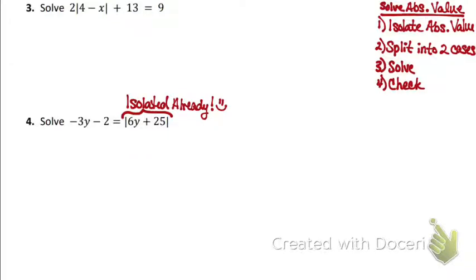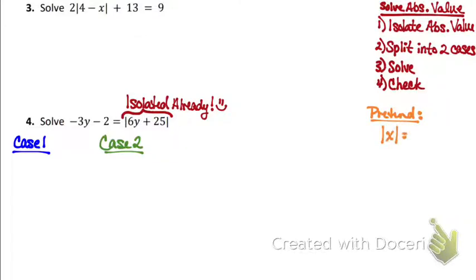Step number 2 is 2 cases. Before we write down our 2 cases, I want to remind you of what we know about absolute value. So we're going to have case 1, and we're going to have case 2. All right, pretend with me for just a minute.